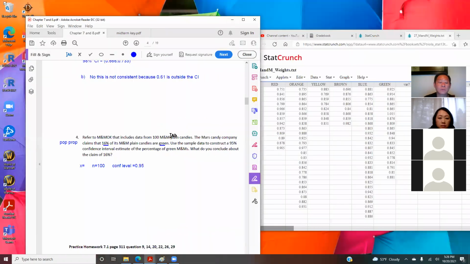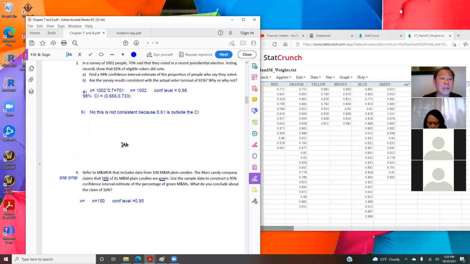2.56. Why 2.56? It's 100 times 0.16 equals 2.56. Where did you get 0.16? This is the population proportion, so do not take 0.16 times 100. That's not right, because this 16% is from the population.